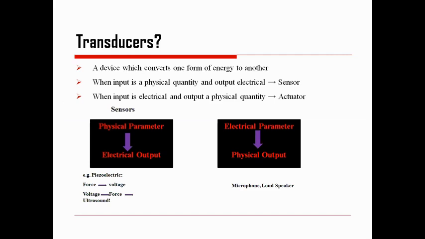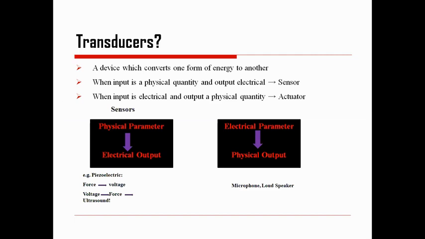So, a transducer is a device that converts one form of energy into another form of energy. Now, when the input is a physical quantity and the output is electrical, that is the sensor. And when the input is electrical and the output is a physical quantity, that is an actuator.